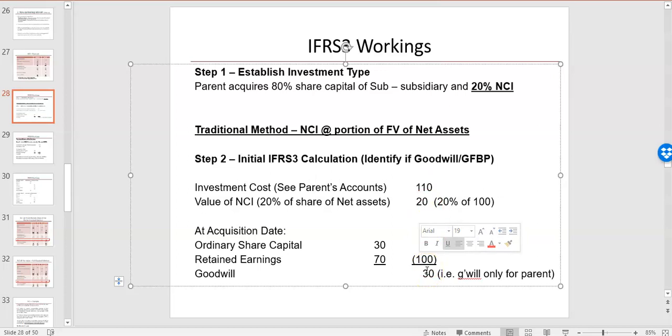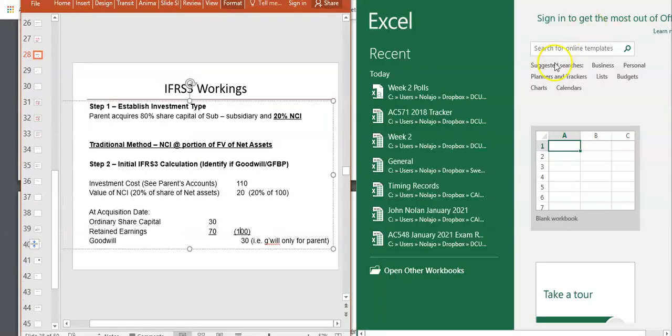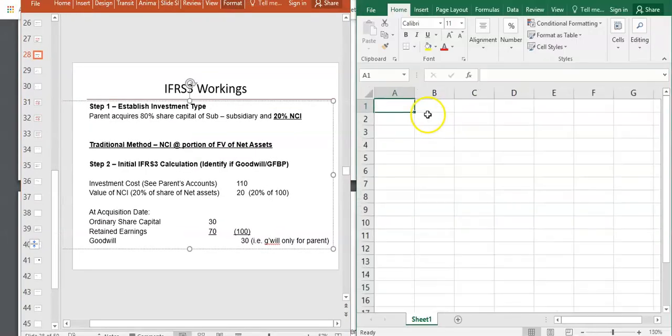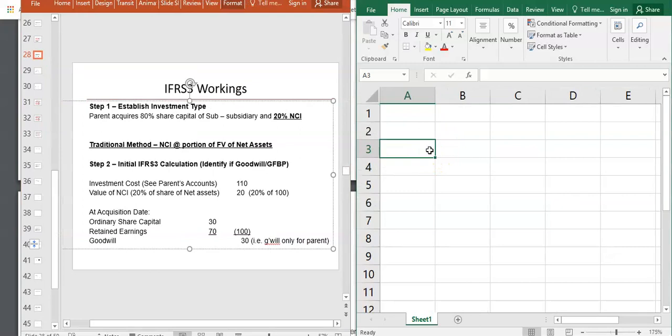Now what I want you to think about here is split it out. And I will show you this then just to illustrate what I mean by there's no goodwill attached to the NCI. So let's present this slightly differently then in Excel. We're going to put here the parent, and we'll say 80%, and we'll look at the NCI, and we'll look at 20%. Just to show you them in two different columns.